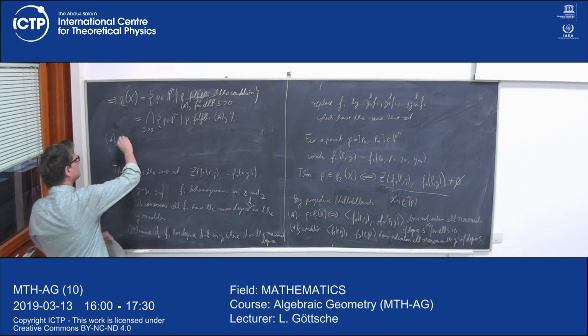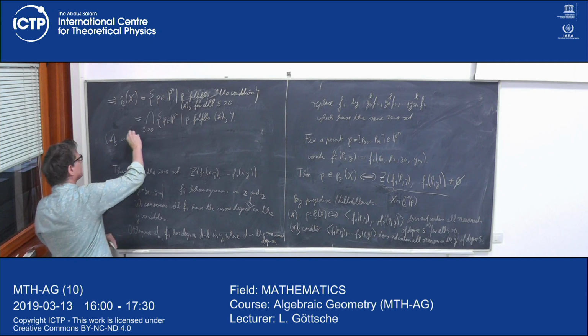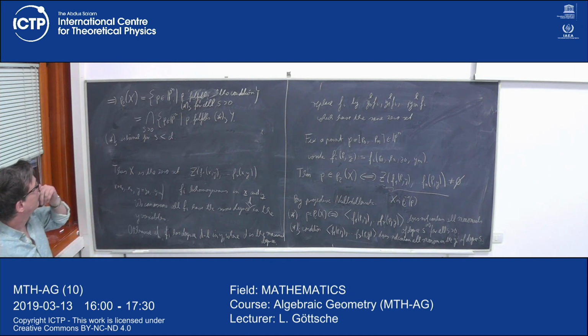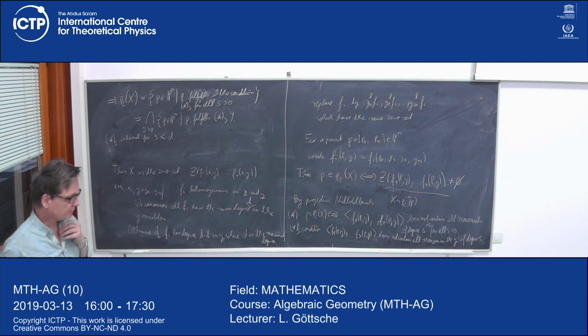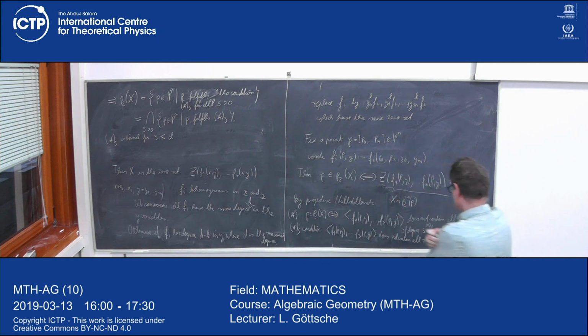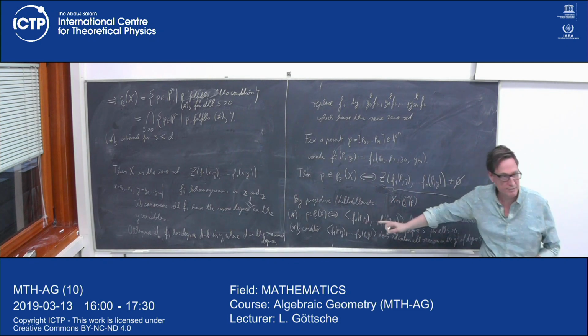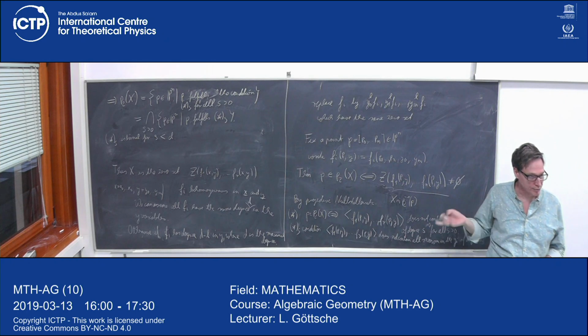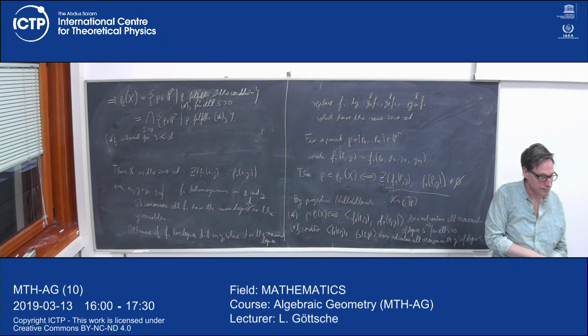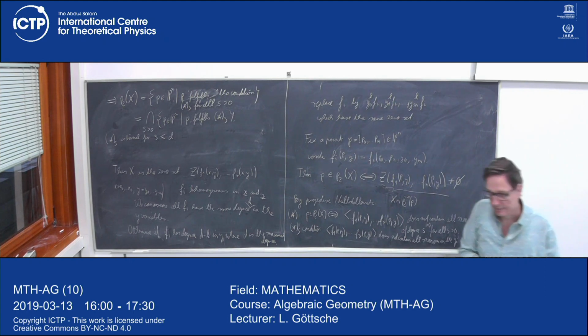So star S is trivial for S smaller than D, because if all these polynomials have degree bigger than S, then the ideal generated by them will not contain a single monomial of degree S. And so certainly for every point in Pn this condition will be true. So we only have to check this for S bigger or equal to D.